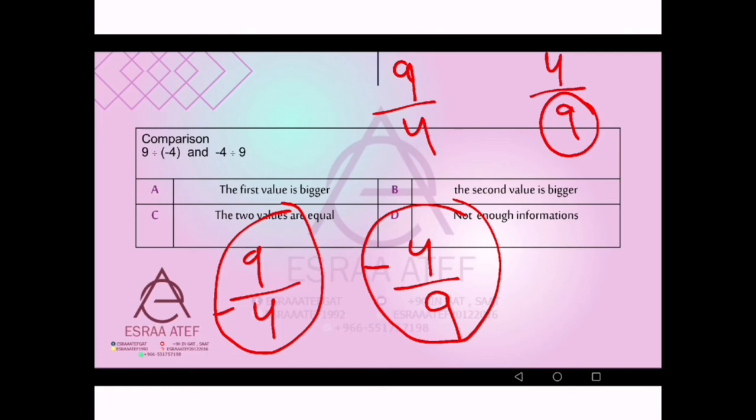If it's negative, the one which has the bigger denominator will be the bigger. So which one is bigger here? The bigger one will be negative 4 over 9.